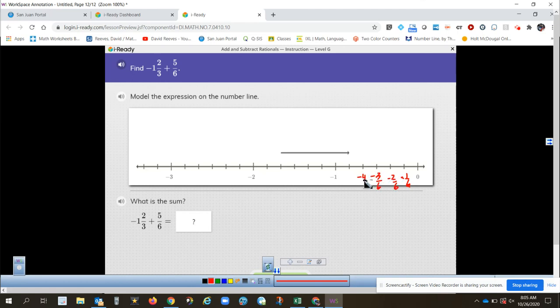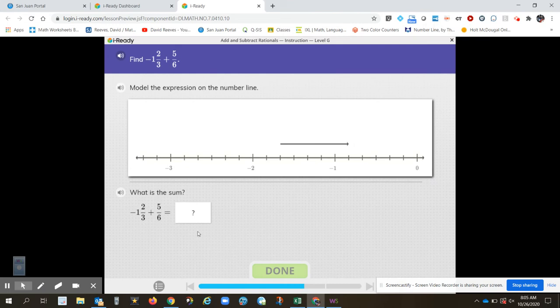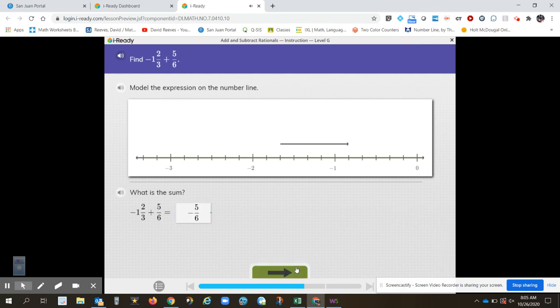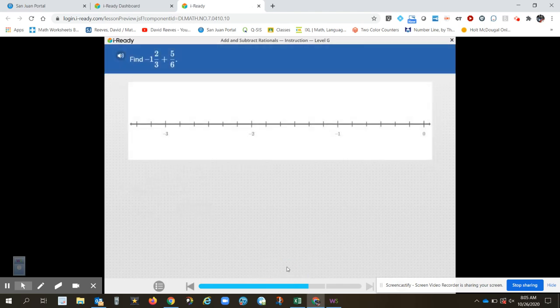This would be negative 4/6. This would be negative 5/6. So our answer is negative 5/6. All right. Does that make sense? All righty. What do we got next?